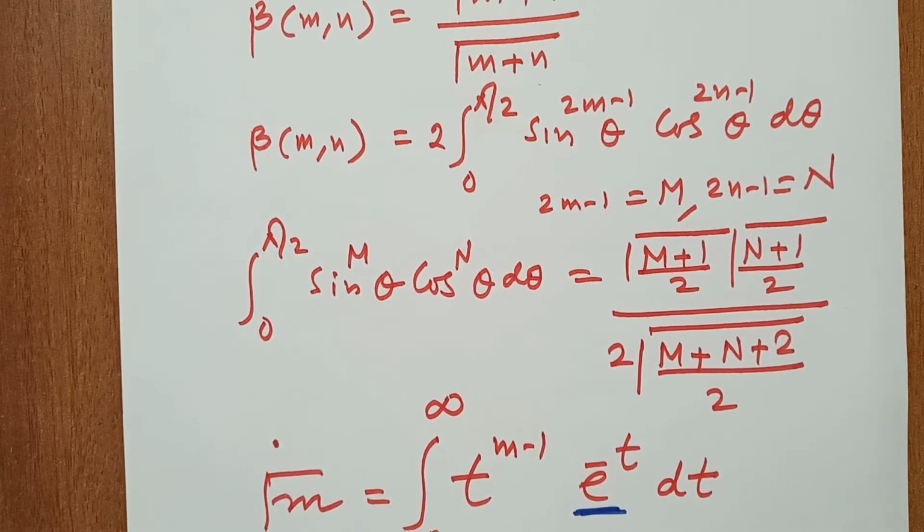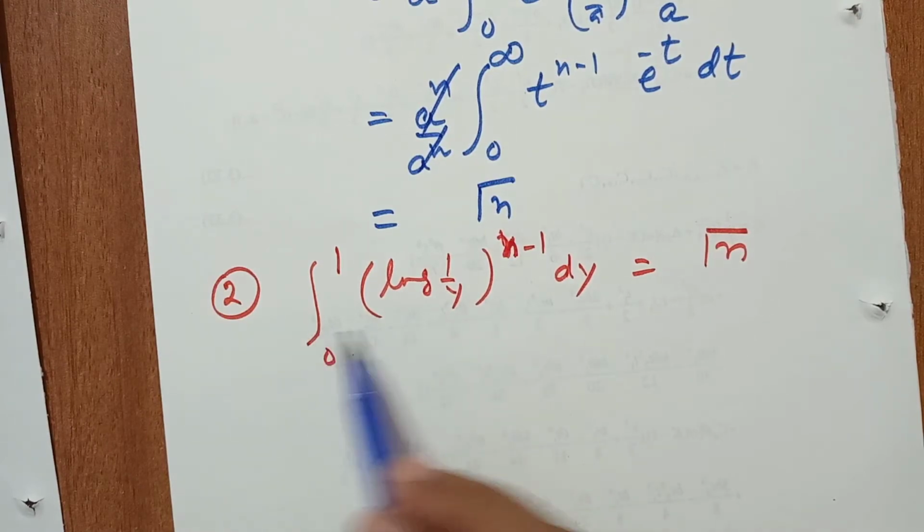Also, in the case of integration, when the limit is given, first you see what the limit is, and you concentrate your mind on how we shall substitute so that our integration changes into beta and gamma functions. So it is very easy. Now this is the next problem.